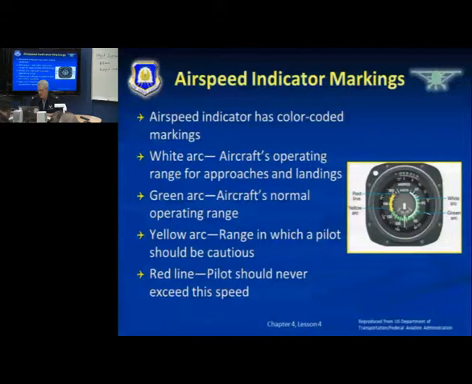This is probably a very typical Cessna airspeed indicator. I have only accidentally exceeded the red line once, and I thought I was going to die. It was not a good day. I was instructing, teaching people how to do stalls and then spins, which is not unusual in the civilian world.